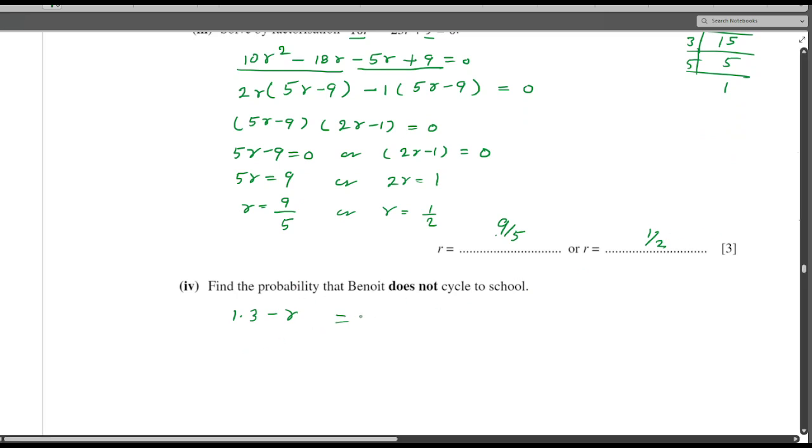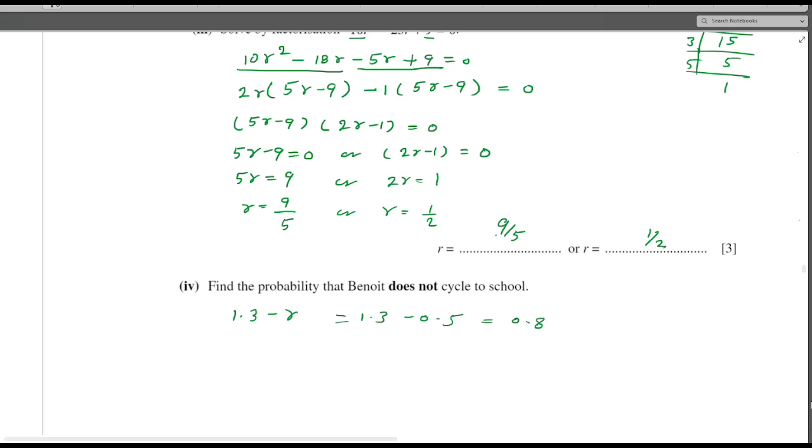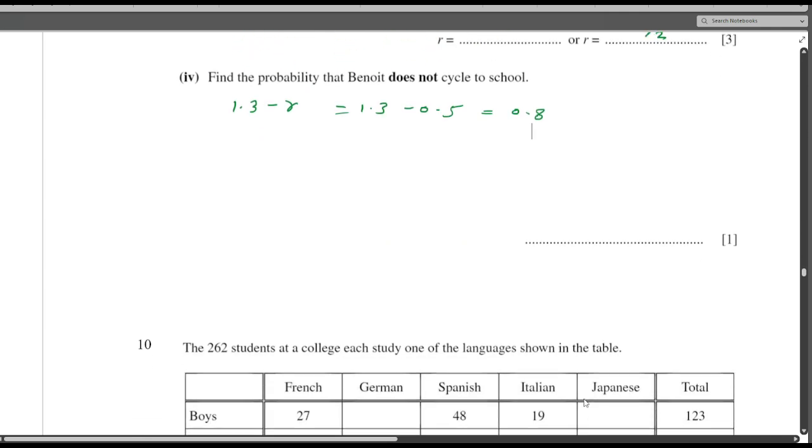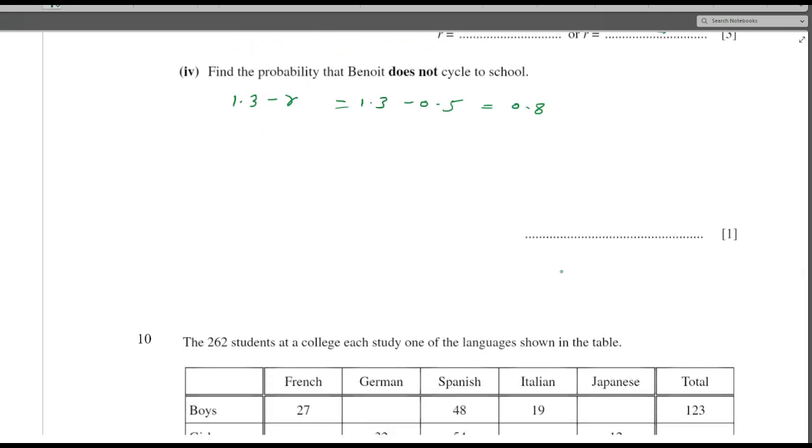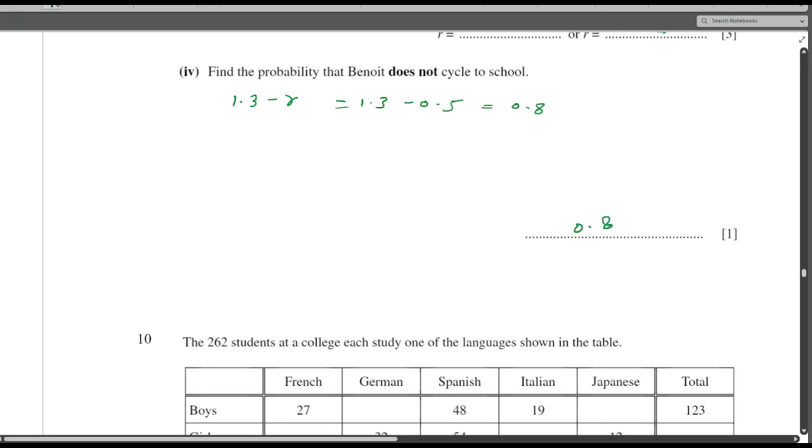So here it is 1.3 minus 0.5, which equals 0.8. So the probability that Benoit does not cycle to school will be 0.8. So here your answer will be 0.8.